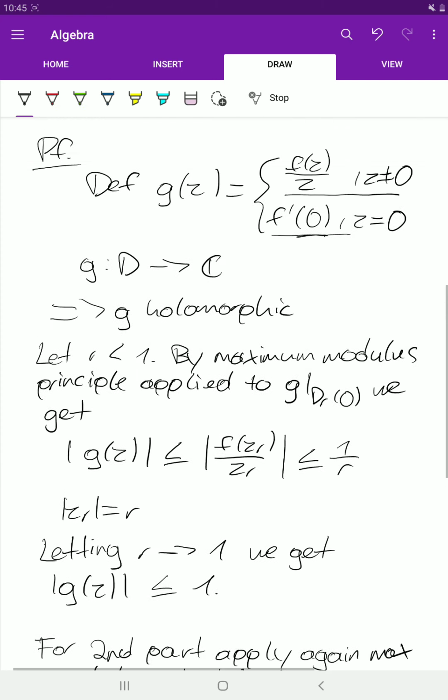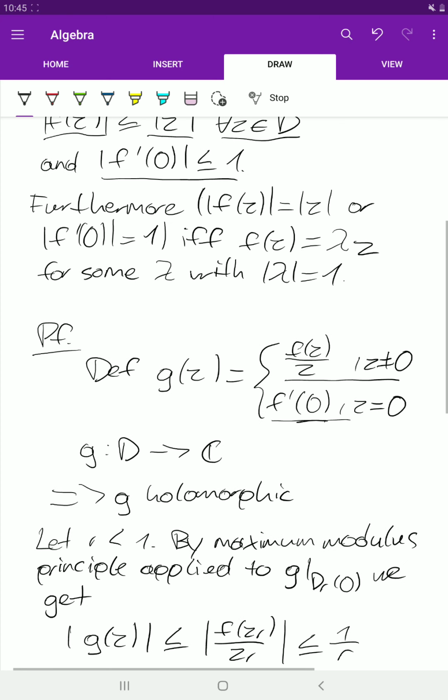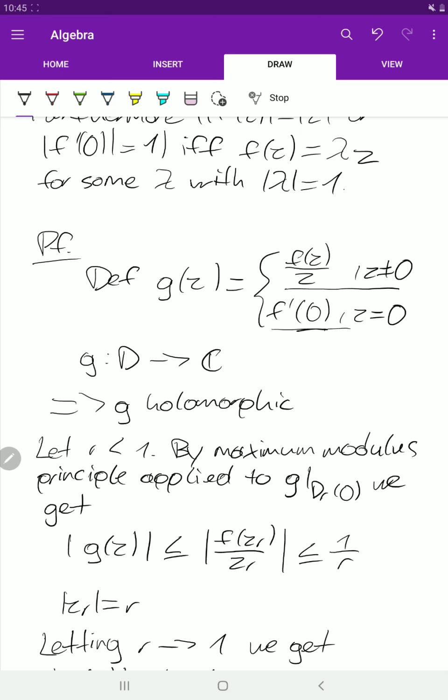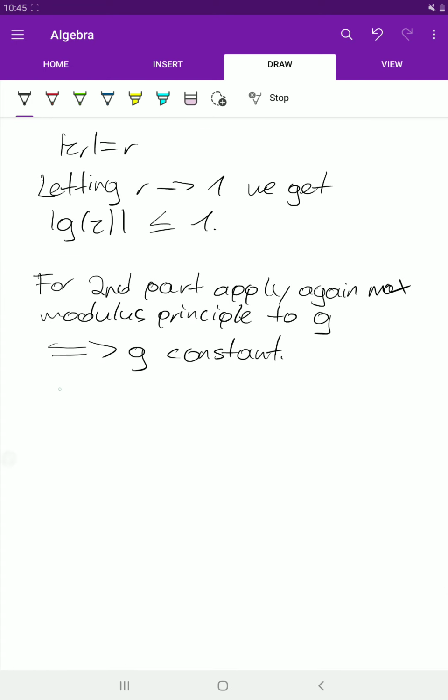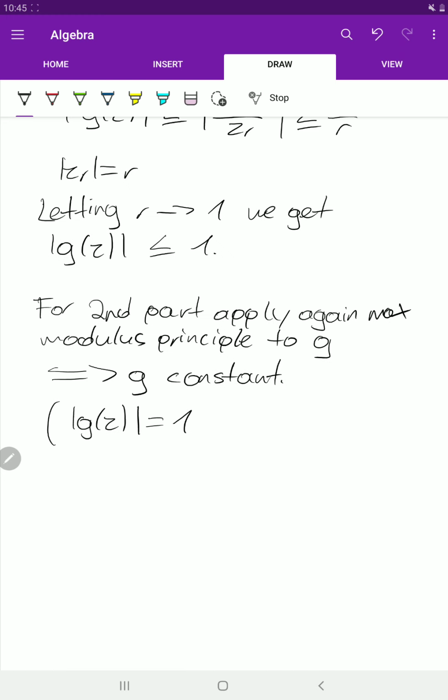So if we have that the modulus of f of z is equal to the modulus of z, so let me write it down, the modulus of g of z_0 is equal to 1 for some z_0 in the open unit disk.